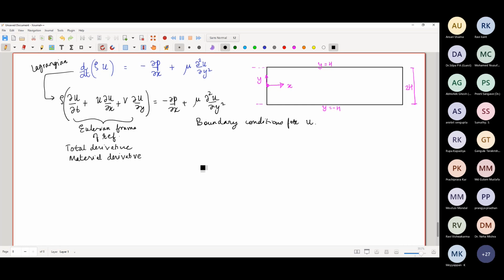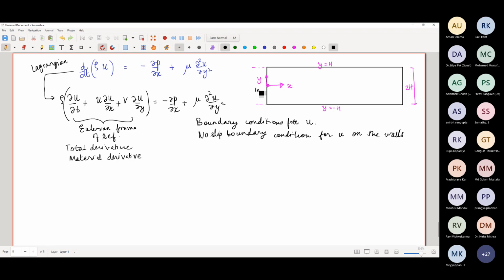So what are the boundary conditions for u? We have the no slip boundary condition for u on the walls.